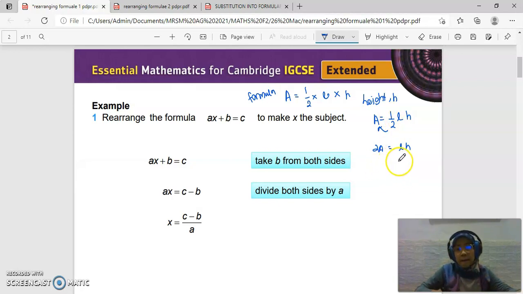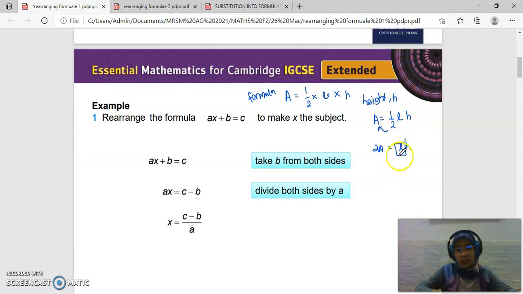So you want H as the subject. What is the unknown except H? The unknown except H is L, the length. So you have to bring L to the other side.